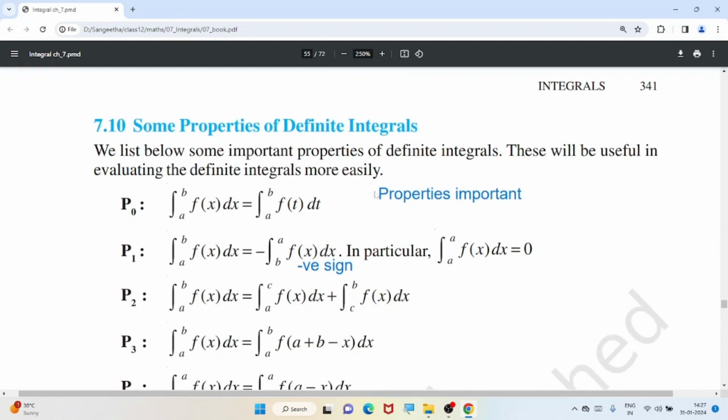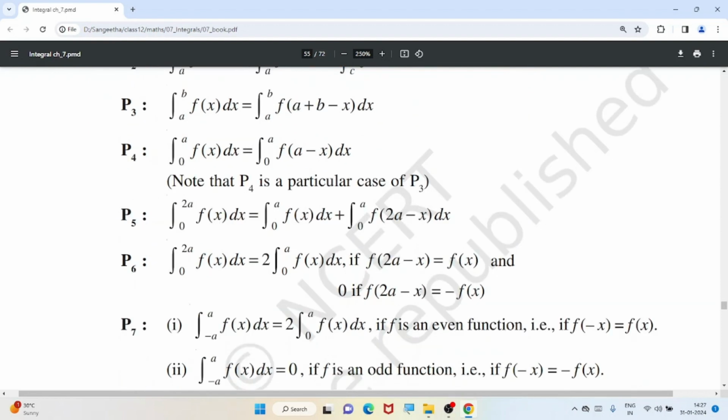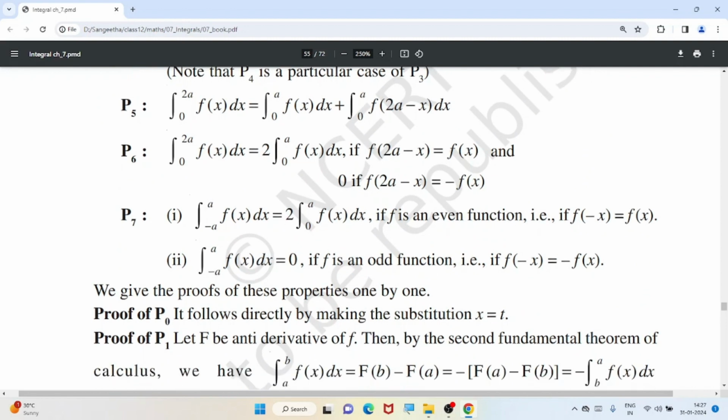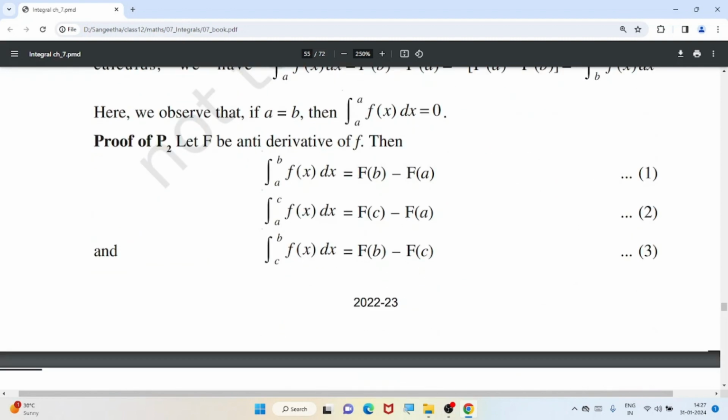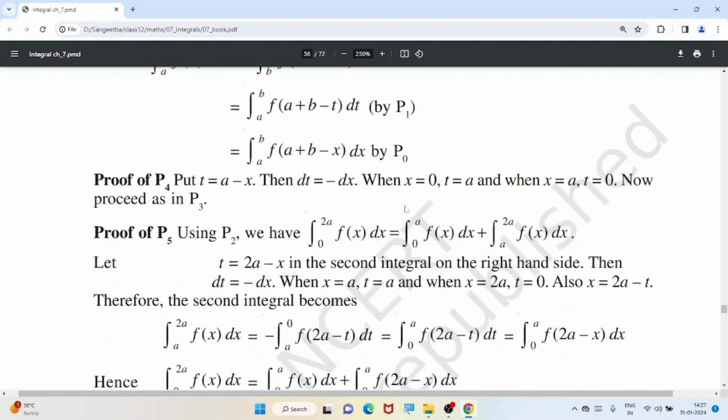Here are the important properties. A to B, you are changing to B to A with a negative sign. This is one of the properties. Similarly, A to B has a positive sign, but B to A becomes negative. You will get familiar with these properties only if you try some problems. These are the proofs of those properties.